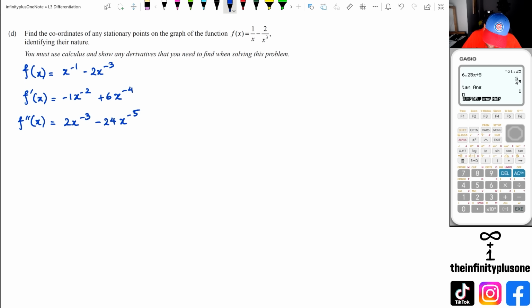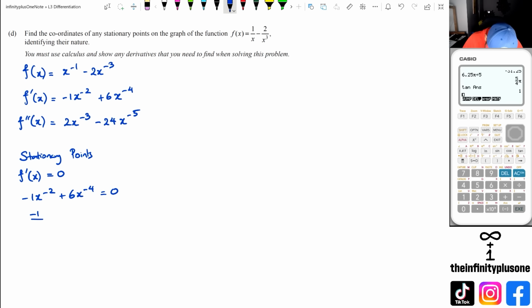All right, so the first step is to find the stationary points. Now for stationary points, f dash of x is equal to 0. So I've got negative 1 x to the power of negative 2 plus 6x to the power of negative 4 is equal to 0. So I'm going to do this in a way where it makes sense.